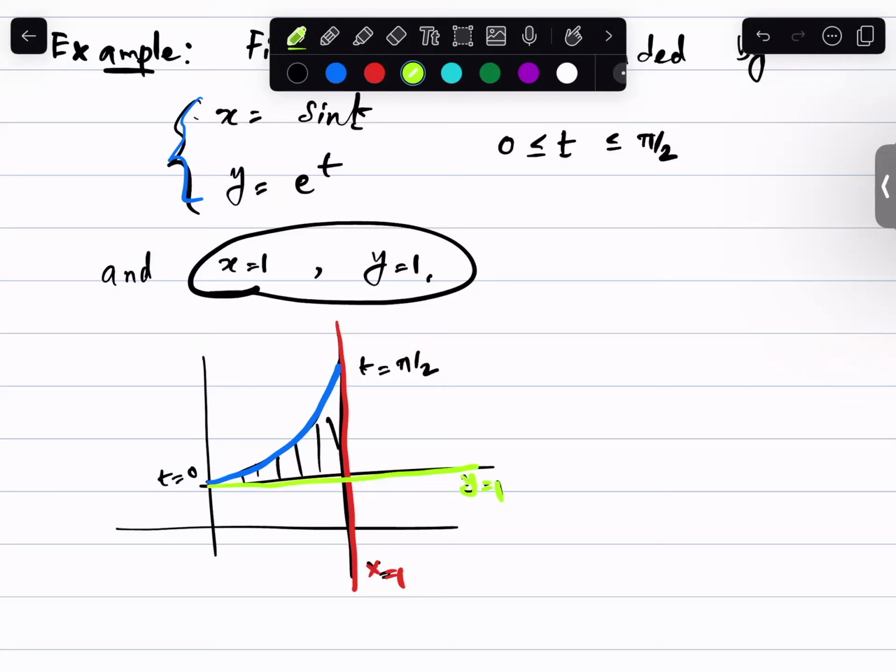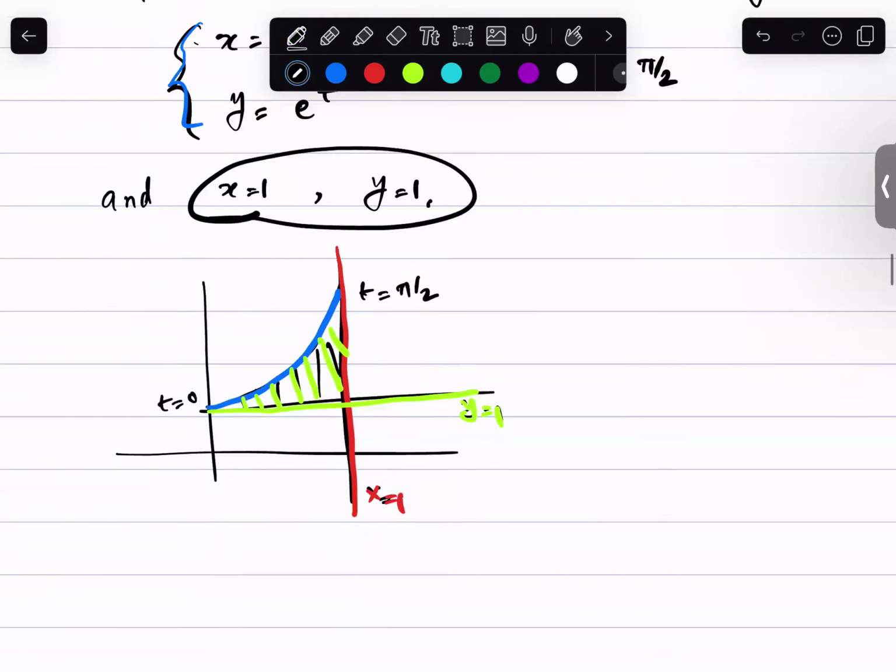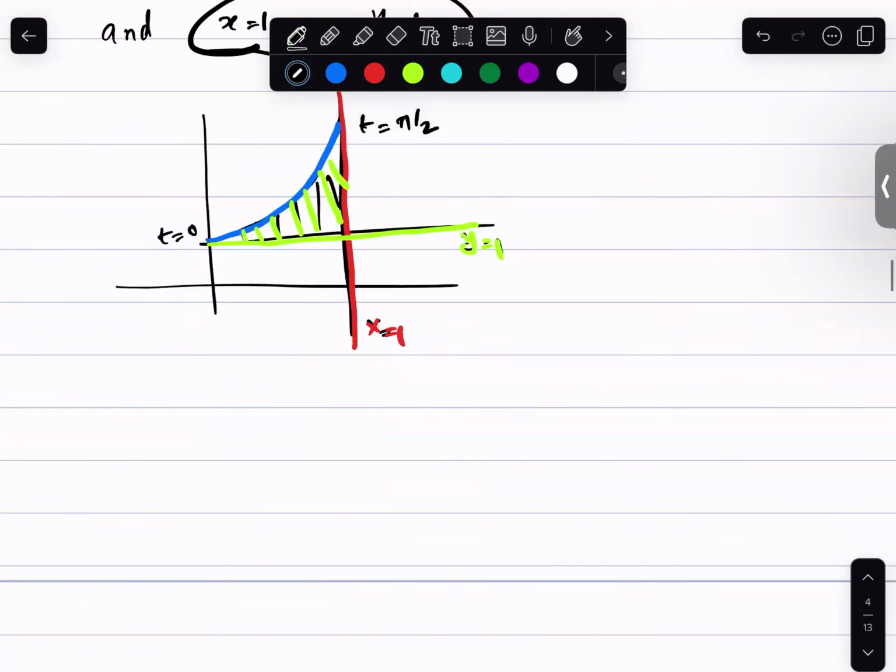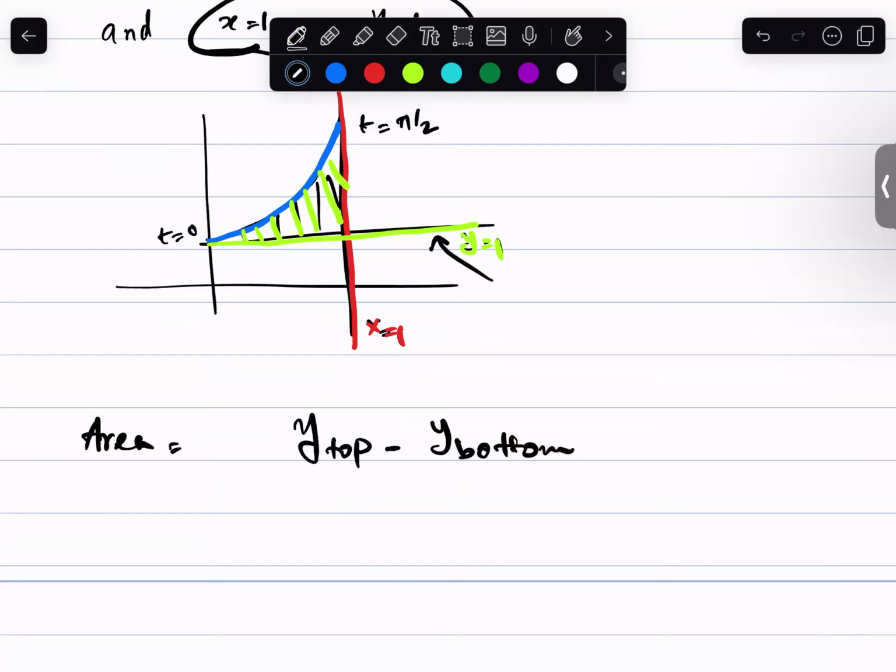Okay, so I have to find this area under these three curves. Again, this area will be y top minus y bottom, right? Where this is y bottom and this is y top, right?